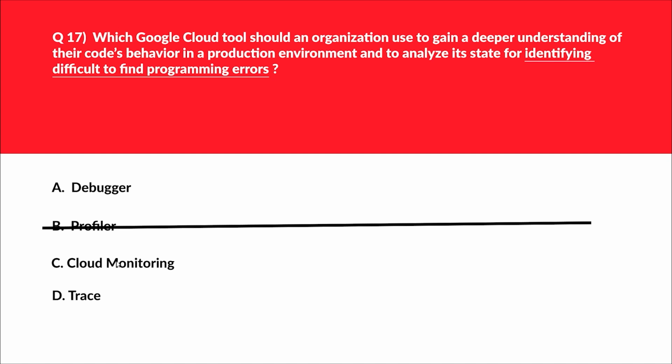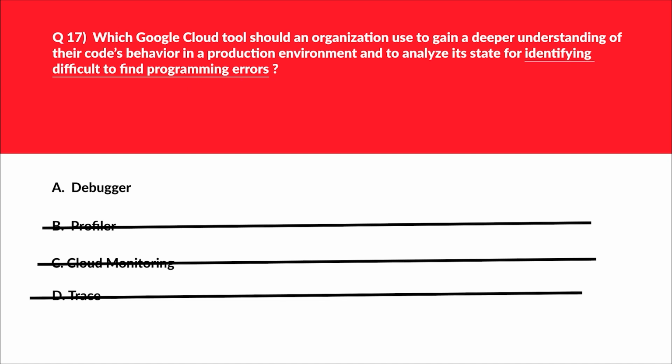Cloud monitoring is not specifically for debugging code, therefore incorrect choice. Let's look at option D. D says trace. This tool provides insights into the performance of applications running in a distributed architecture, but it's not specifically designed to identify programming errors. So we'll discard this. We are left with one option, debugger, and we'll log this.